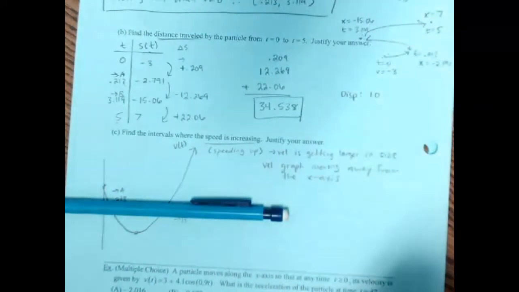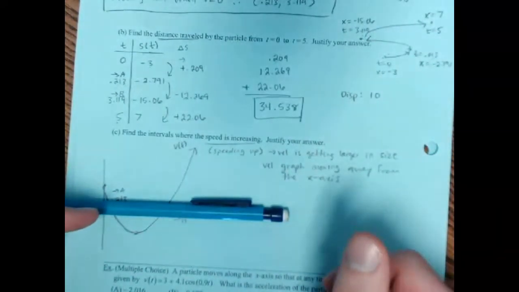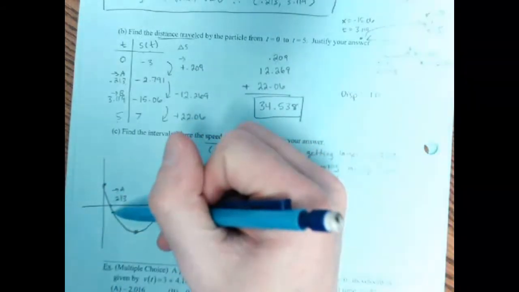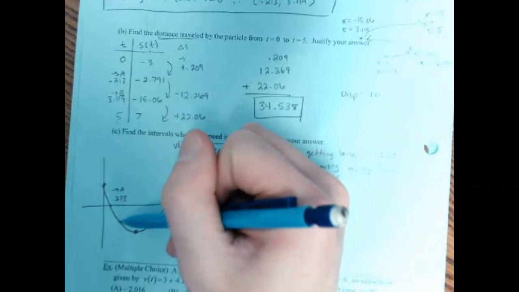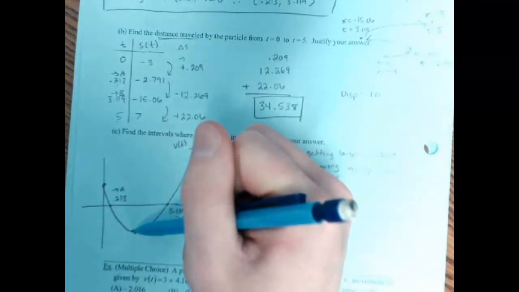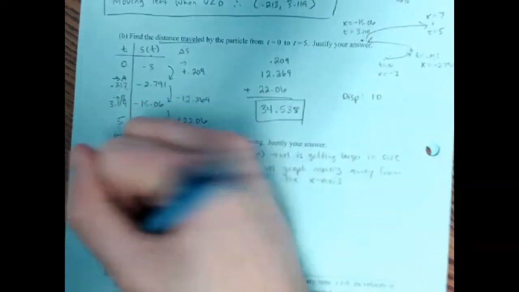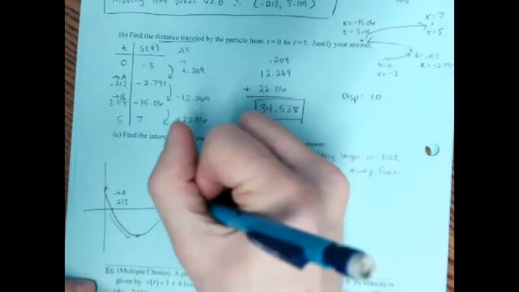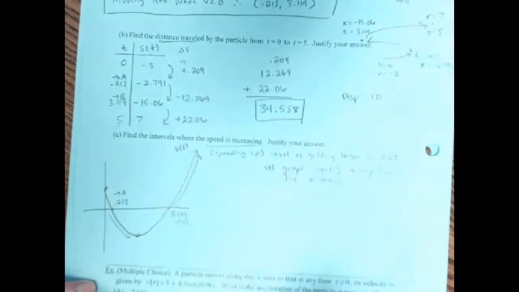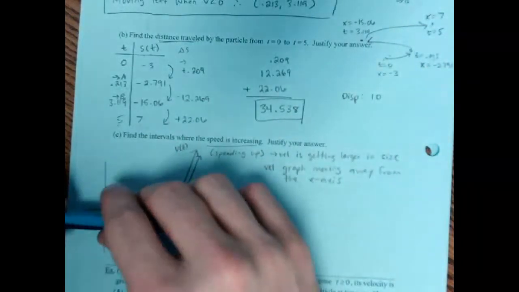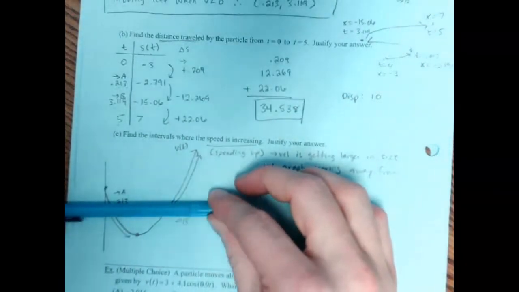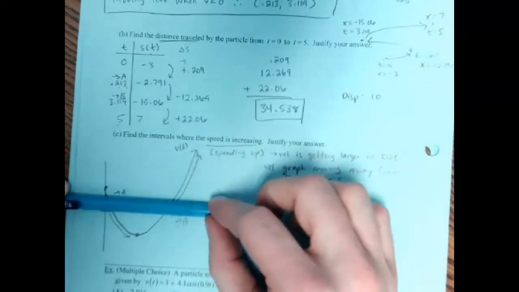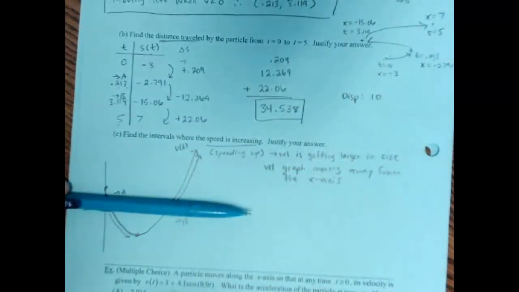Or if the graph is negative, but moving away from the x-axis, like maybe here the y-coordinate is a -0.2, maybe here it's like a -1, here it's like a -4, who knows, right? But if your graph is moving away from the x-axis, either in the negative direction or in the positive direction, the x-axis is the size of 0. And if you're moving away from 0, that means the size of the number is getting bigger.